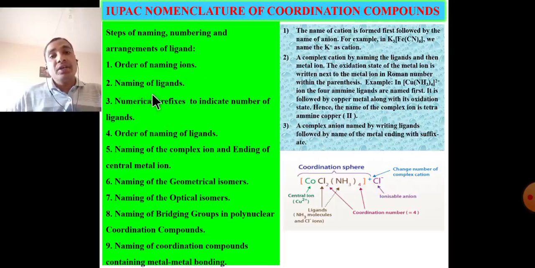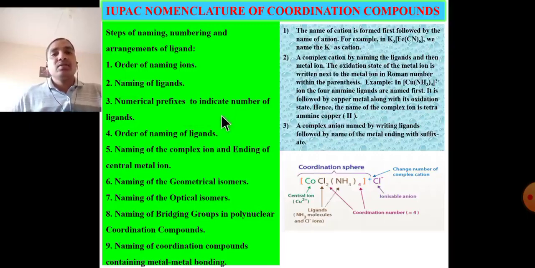Naming of the ligands: ligands are named first, in alphabetical order, and then the number of ligands in the complex or coordination compound is listed. Numerical prefixes indicate the number of ligands.